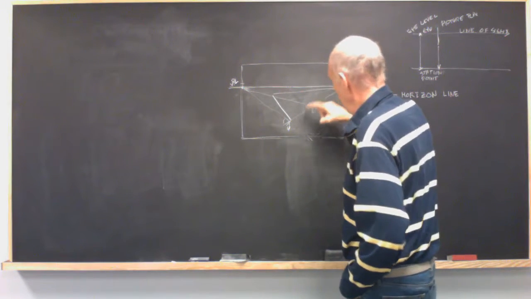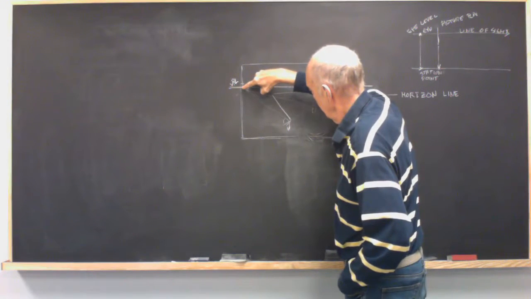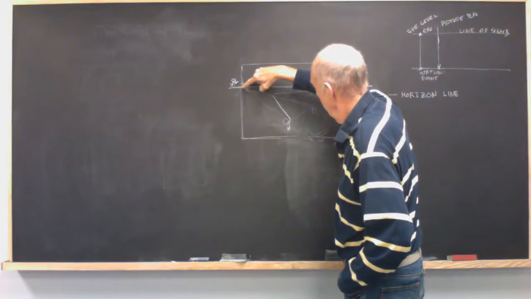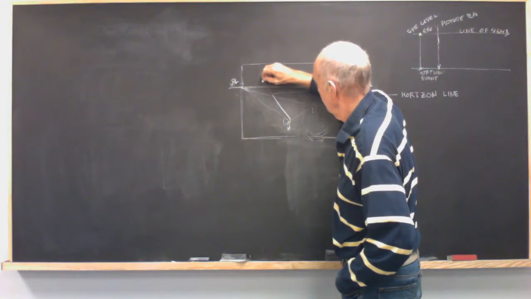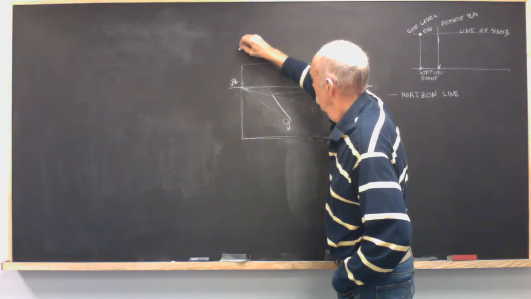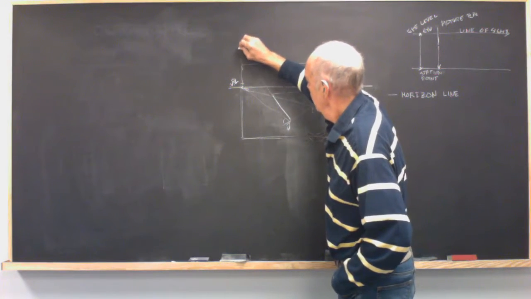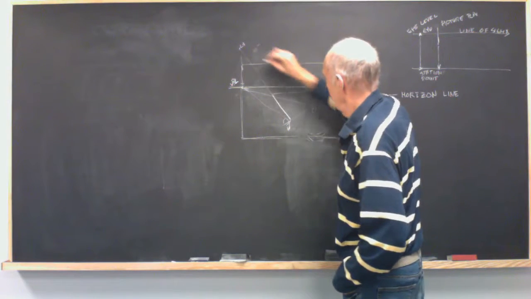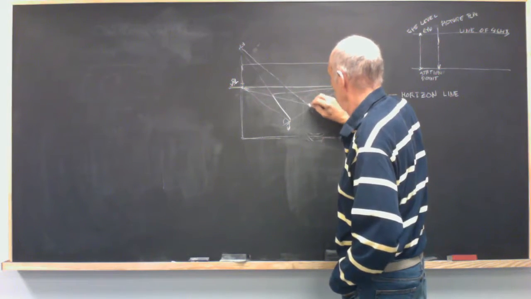Now, what happens here is, I'll change that vanishing point from there up to here, and I'll find out where that point is by extending this line out and get a construction vanishing point right there. And the line on this side over here is going to go up to that construction vanishing point.